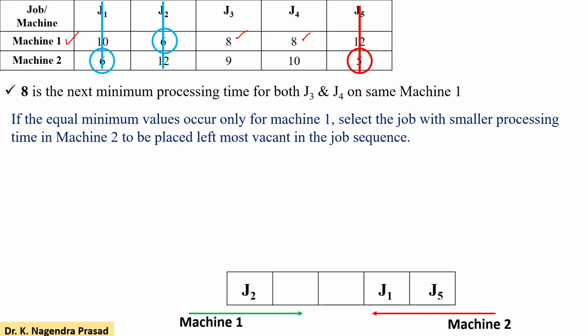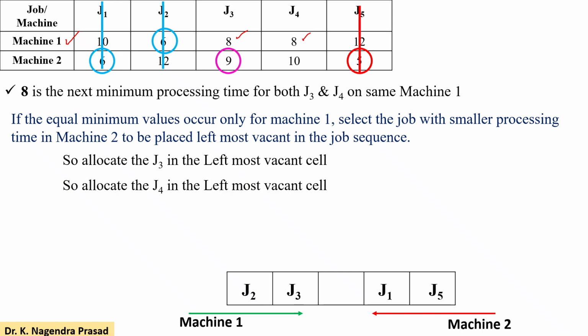Here 9 is the minimum processing time on machine 2 among job 3 and job 4, and 9 belongs to job 3. So we allocate job 3 to the leftmost vacant cell. Then we allocate job 4 to the leftmost vacant cell.